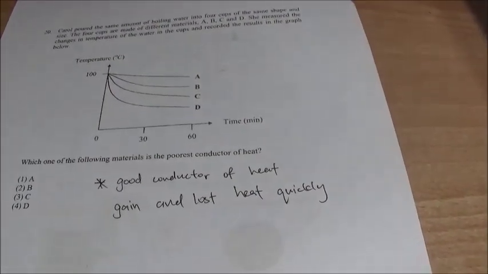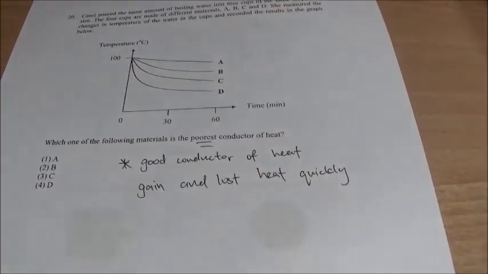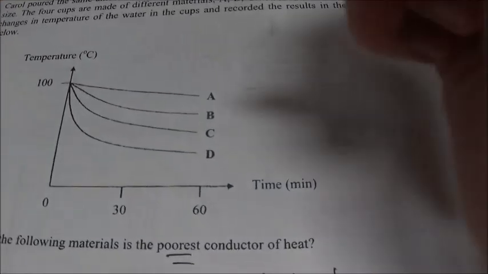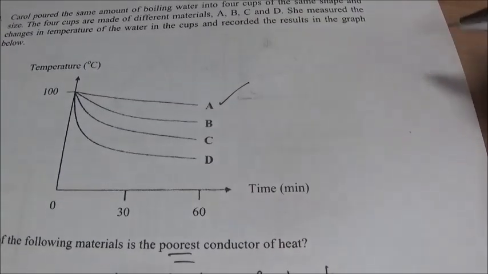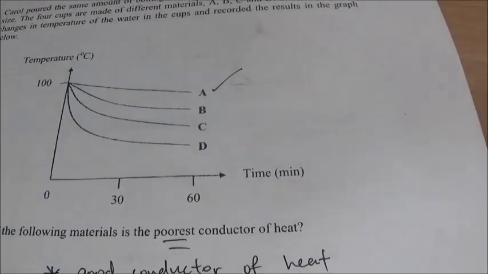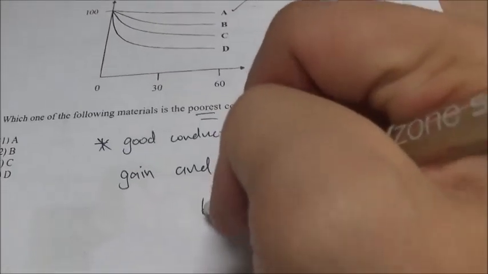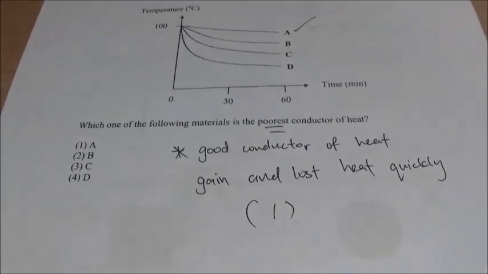Alright, so if you want a poor conductor of heat, they must be the lowest change in temperature. So you look at the graph carefully, you see that material A allows the least change of temperature. They drop the least. So for this question, my answer has to be 1A.